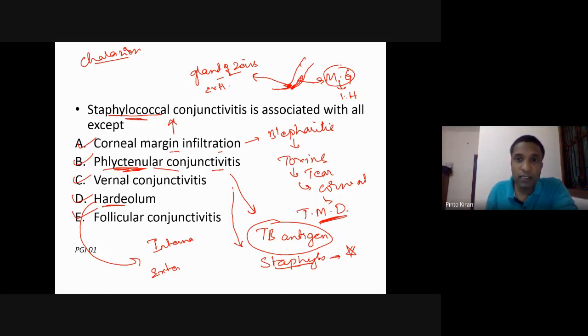When this pore gets closed, the collected sebum will act as a foreign body. There will be surrounding inflammation that will form a granuloma. So it's basically a sterile inflammation that forms a granuloma.